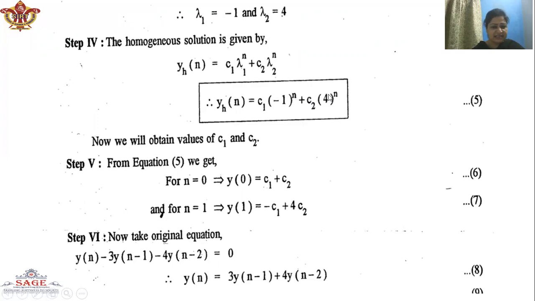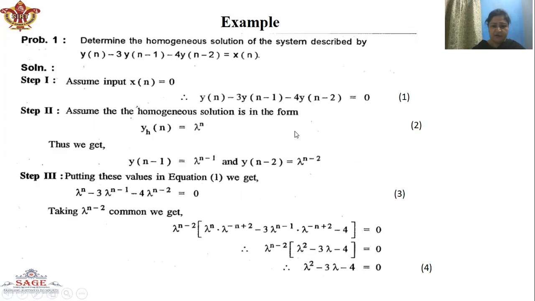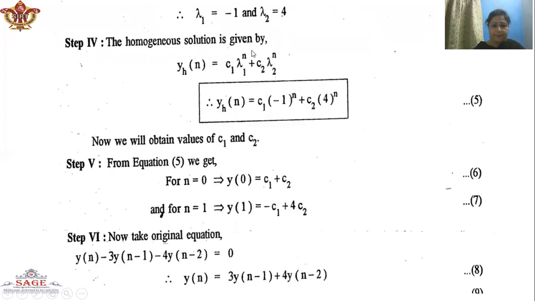Now we are given the original equation y[n] minus 3y[n-1] minus 4y[n-2] is equal to x[n]. We will put n is equal to 0 in this equation by assuming input as 0, because here we have considered the homogeneous solution.